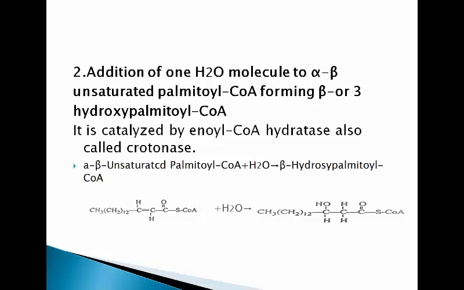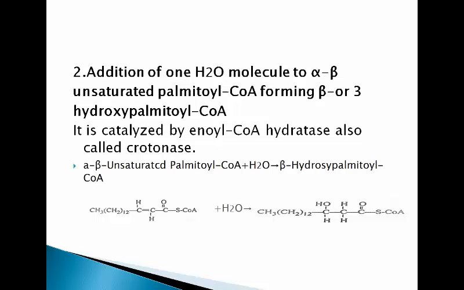Now you can see in the equation the double bond between alpha and beta carbon in the alpha beta unsaturated palmitoyl-CoA is removed, and a hydroxyl group is attached at beta carbon, and thus the alpha beta unsaturated palmitoyl-CoA is converted to beta hydroxy palmitoyl-CoA because the hydroxyl group is present on beta carbon, or 3-hydroxy palmitoyl-CoA because it is also the third carbon.